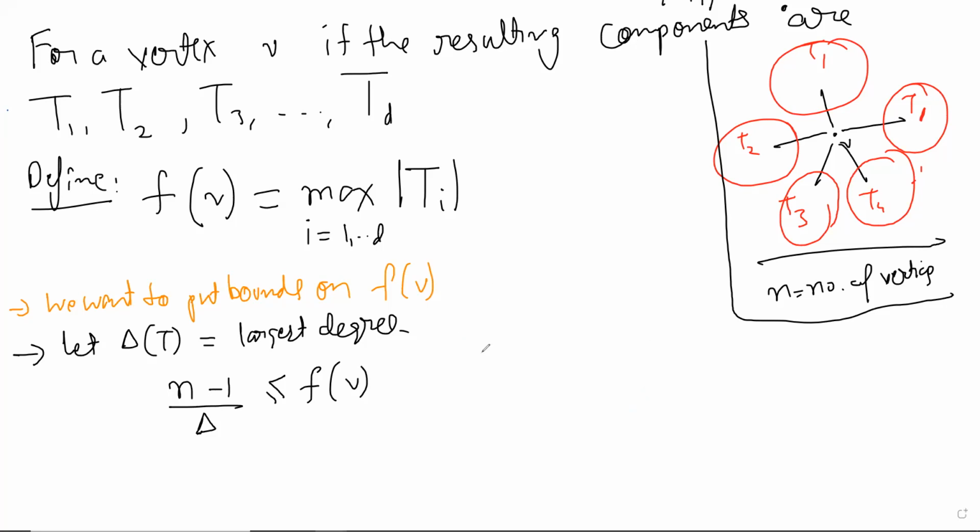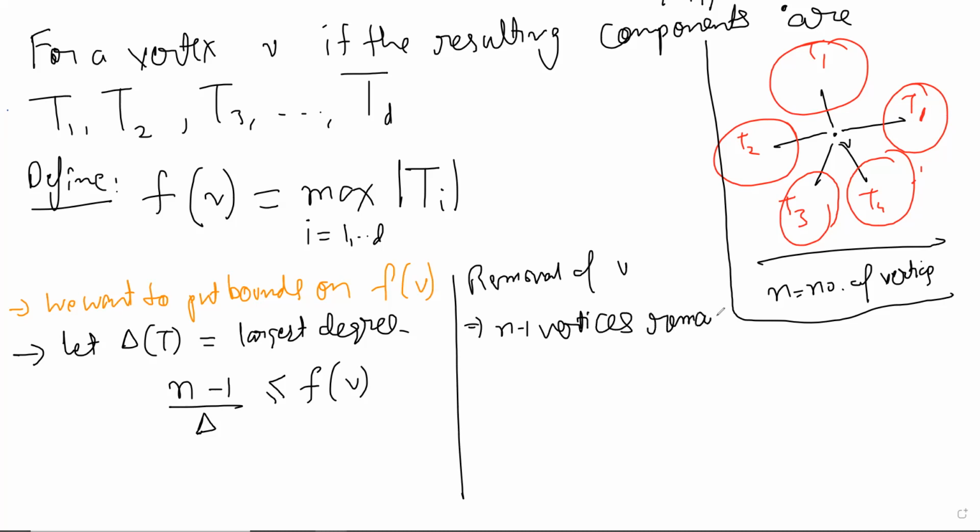When you're removing the vertex V, then you have n minus one vertices remaining, right? So removal of V implies n minus one vertices remaining. And how many trees, how many components, are we going to get?